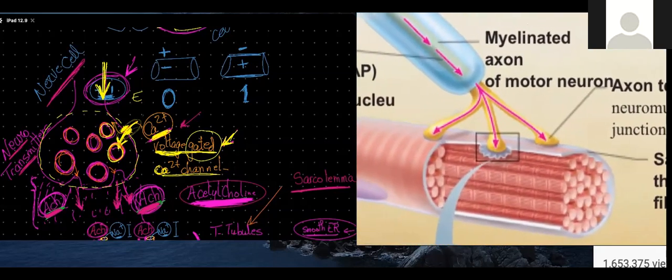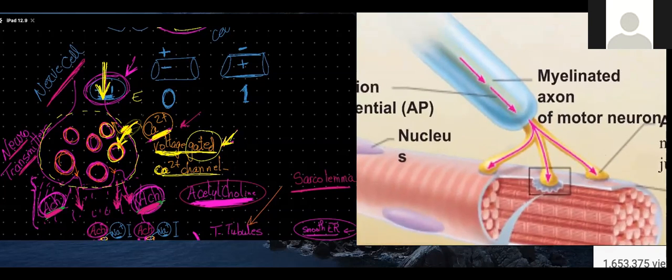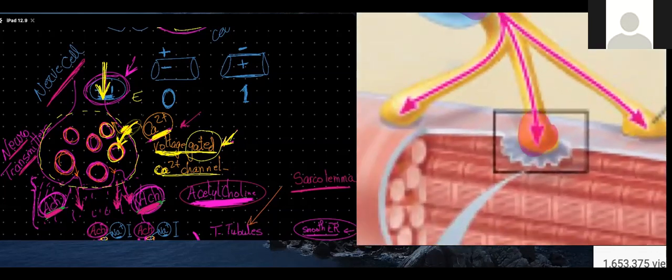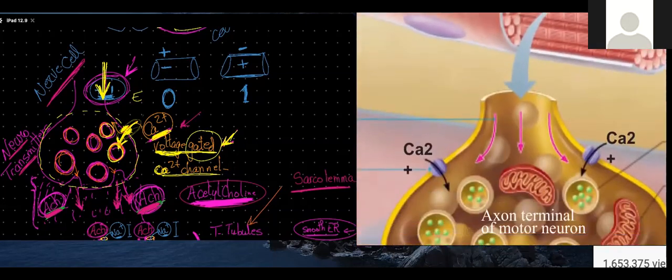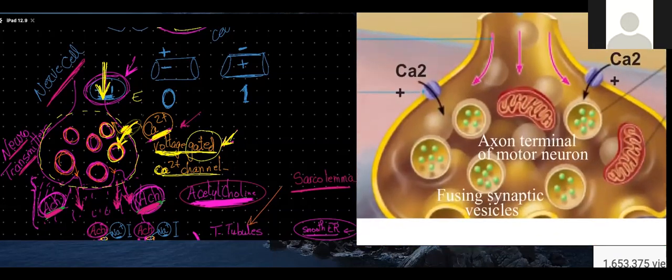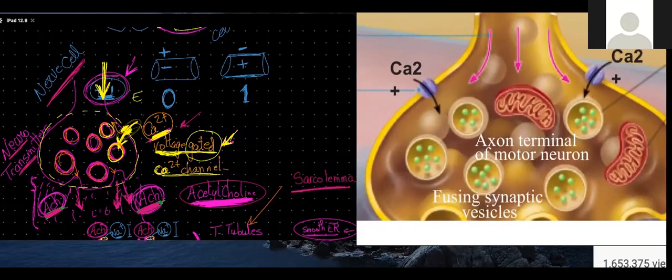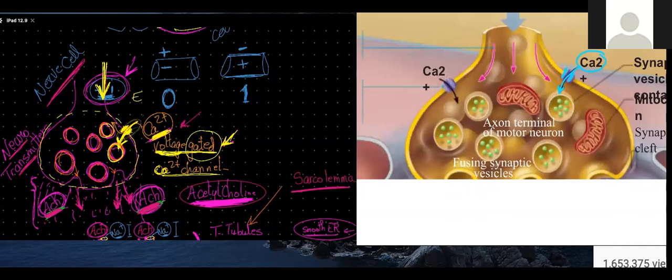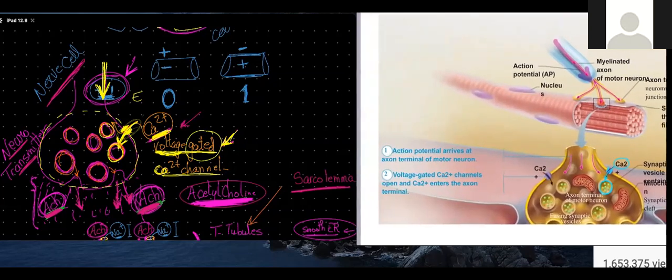So we can see on here, I've got an electrical signal traveling down along the length of the nerve cell, reaching the terminal ends of the neurons. As they get this electrical signal, this will allow the voltage-gated calcium channels, as you see on here, to open, allowing calcium in. Calcium, as it travels in, is going to be mobilizing those vesicles and enhancing them to fuse with the cell membrane.